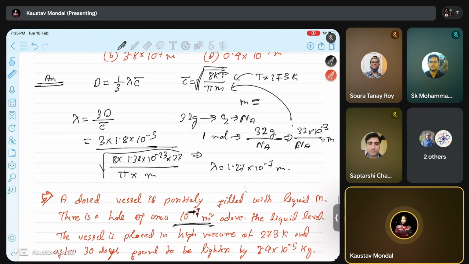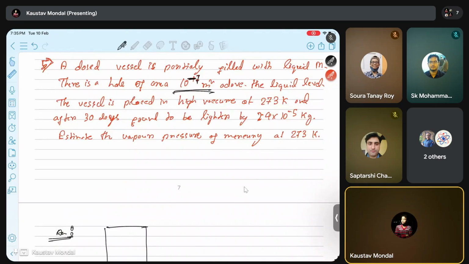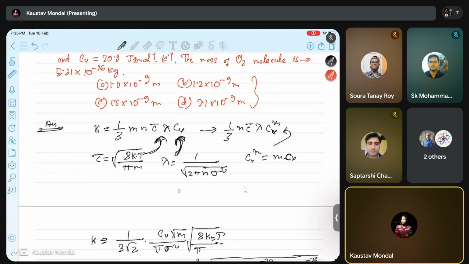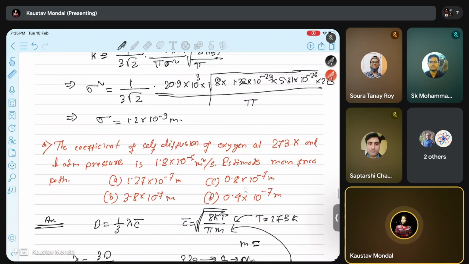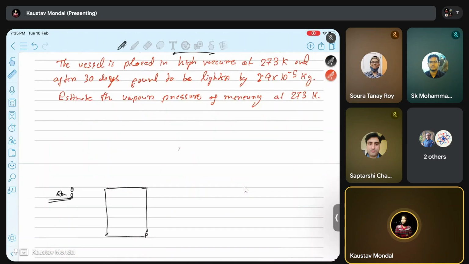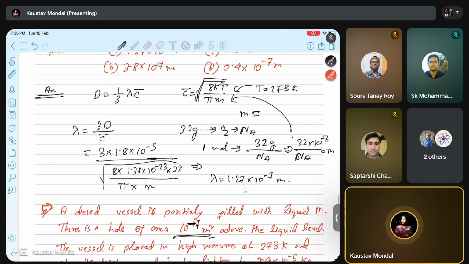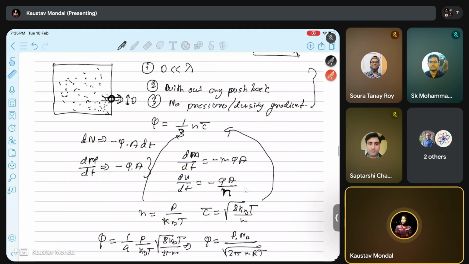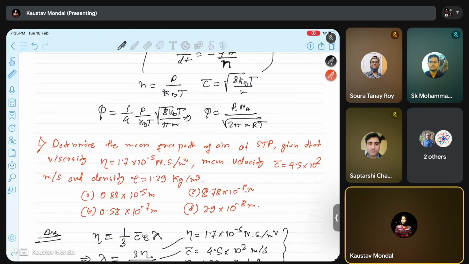Since it's an effusion problem, and we have been asked to estimate the vapor pressure, we have to use the formula for effusion. This is the flux of the effusion.